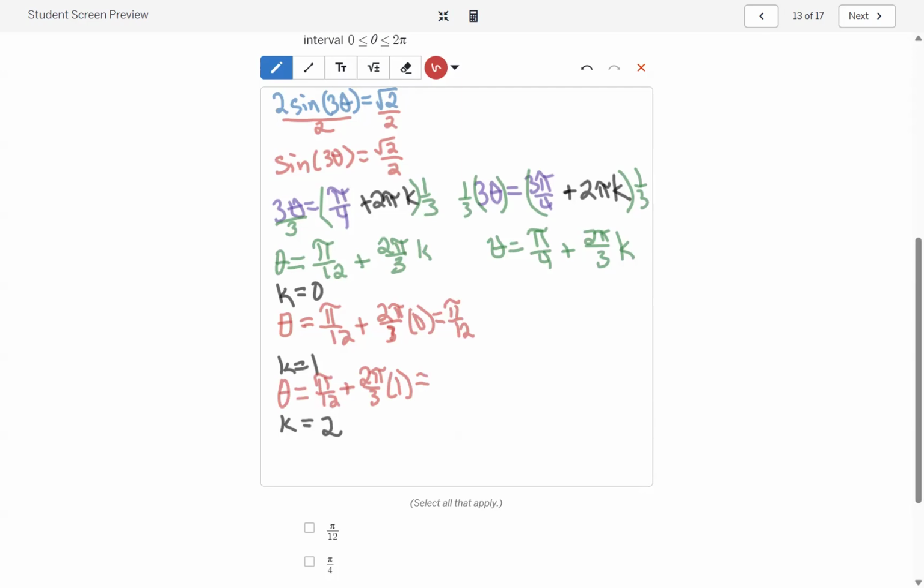So this is 3 pi over 4. And then I have pi over 12 plus 2 pi over 3 times 2. And this tells me 17 over 12. So I just sneak the pi back in, 17 pi over 12.